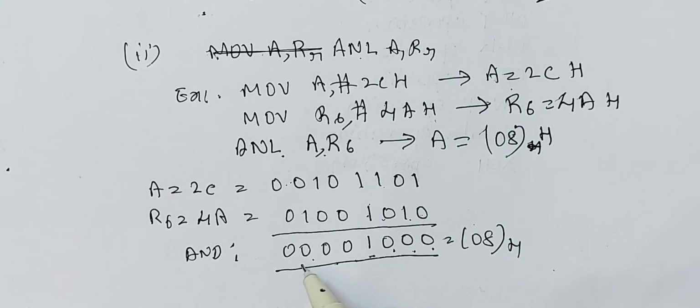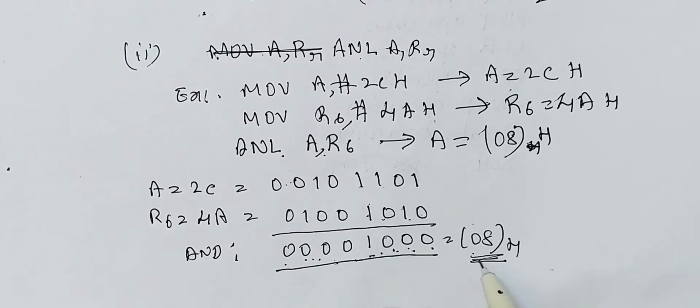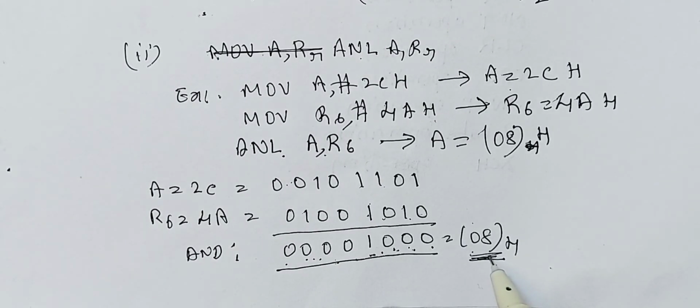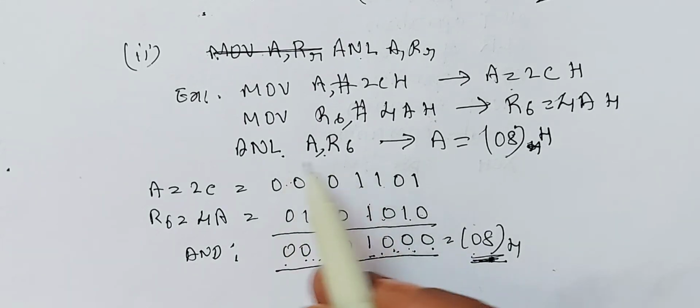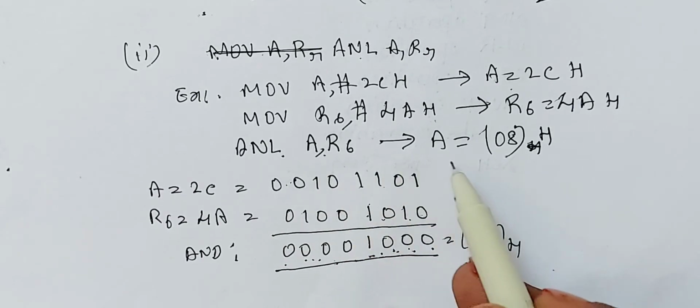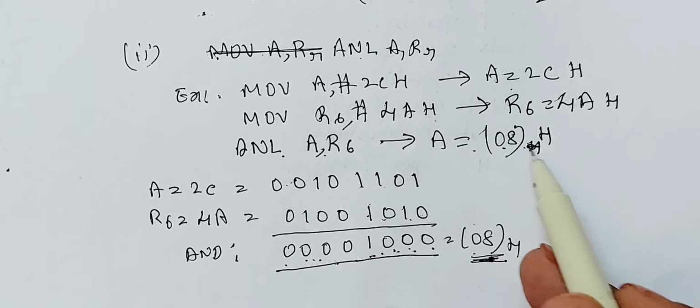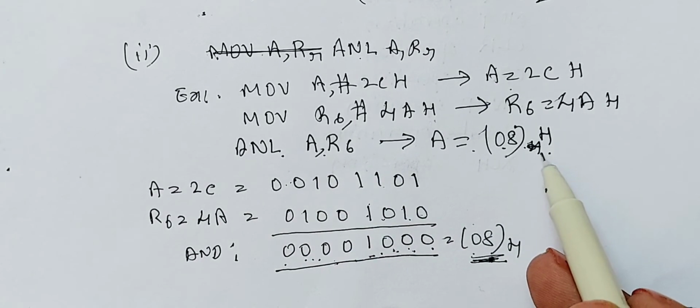Therefore, after performing AND logic of these, you get 0000 1000. In hexadecimal number, this is 0, this is 8, 08H. This is stored in the destination address, that is in the register A itself. Therefore, AND logic A comma R6. Now A becomes 08 hexadecimal number.